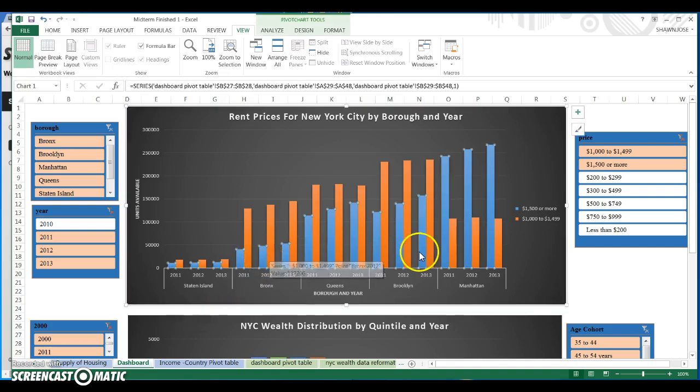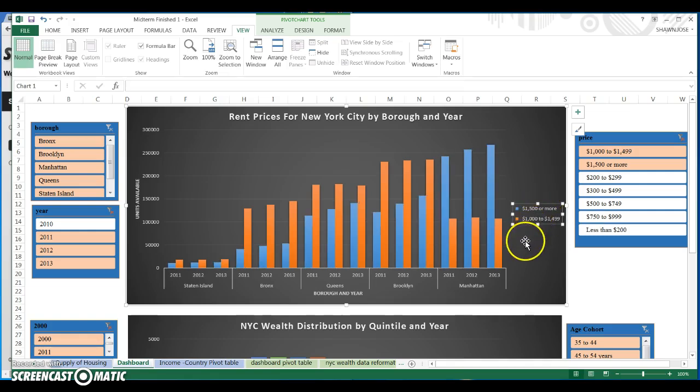But what we can also see is that that increase isn't all equal. Brooklyn and Manhattan clearly have the quickest acceleration of these 2 categories. It should also be noted, though, that the category only goes up to $1,500 or more. So if you were to instead have a category for $2,000 or $3,000, there might be a difference in acceleration that you don't see here.